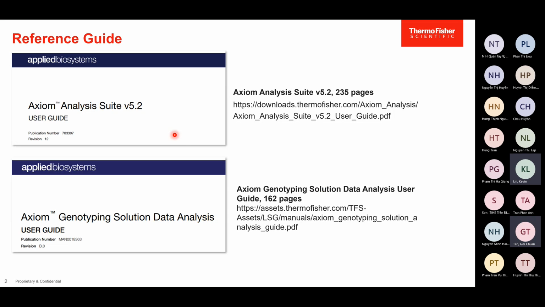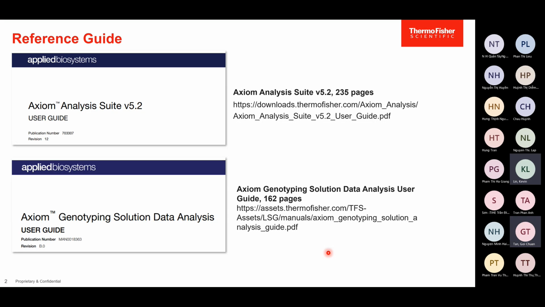The first document is the user guide for the software, and it has over 200 pages. It is very detailed. The second document is called Axiom Genotyping Solution Data Analysis. It also has over 160 pages, so it is written very comprehensively.